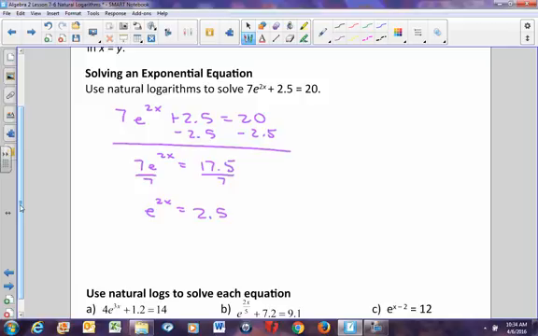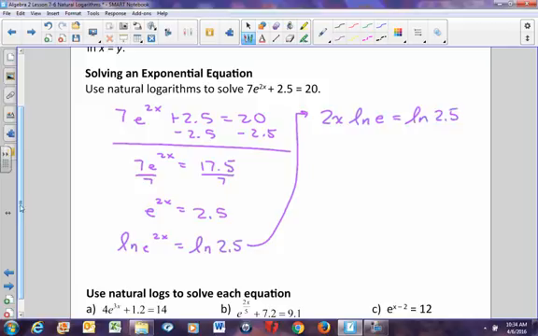Okay. So now, to solve this, I'm going to take the natural log of both sides. So the natural log of e to the 2x equals the natural log of 2.5. So this becomes 2x times the natural log of e is going to equal the natural log of 2.5. Well, by the properties of exponents, I just will simplify. The natural log of e cancels itself out.